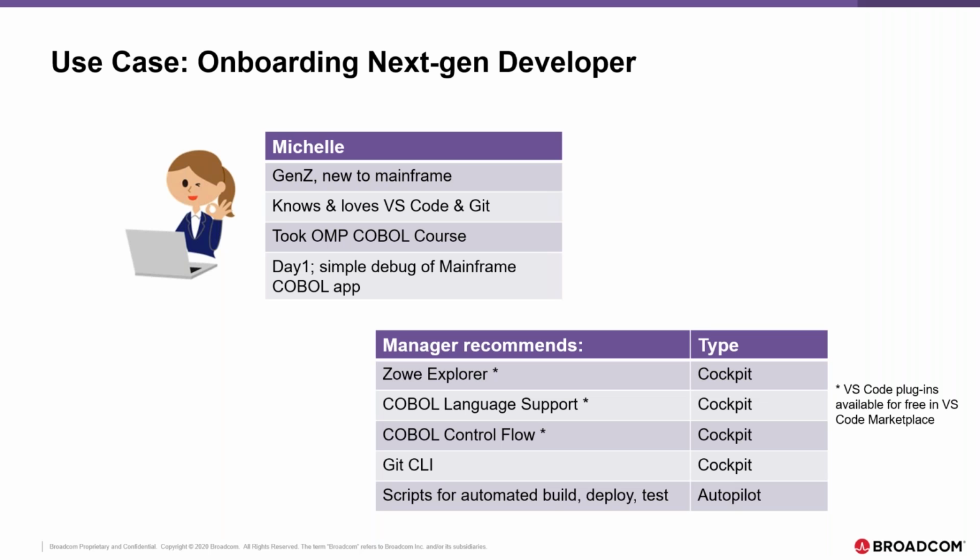Michelle's team uses a set of scripts for performing tasks like build, deploy, and test. These scripts connect to the mainframe to perform typical mainframe functions, perhaps to obtain the source and build parameters for her program, for example. And at the same time, interact with desktop tools like Jest for testing and Jenkins for CI/CD.